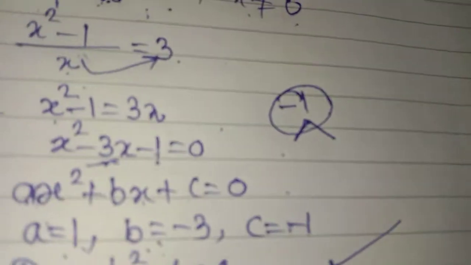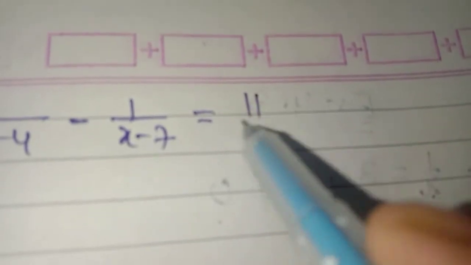Then let me start question number 2 of this third question, the second part. It is given as 1 upon x minus 4 minus 1 upon x minus 7 is equal to 11 by 30.